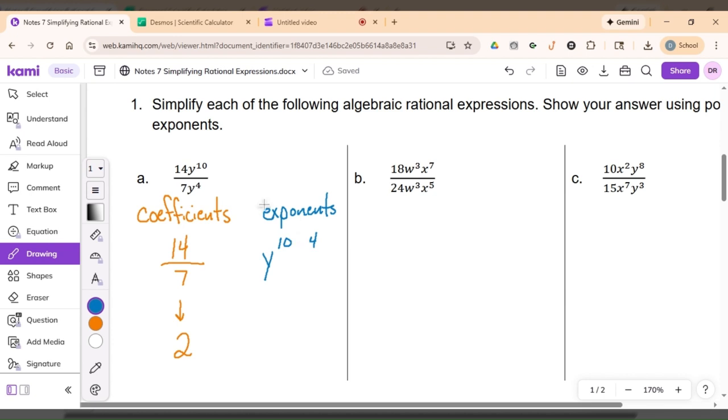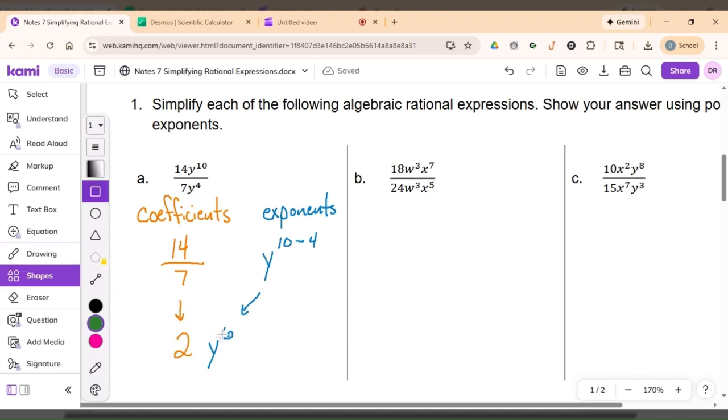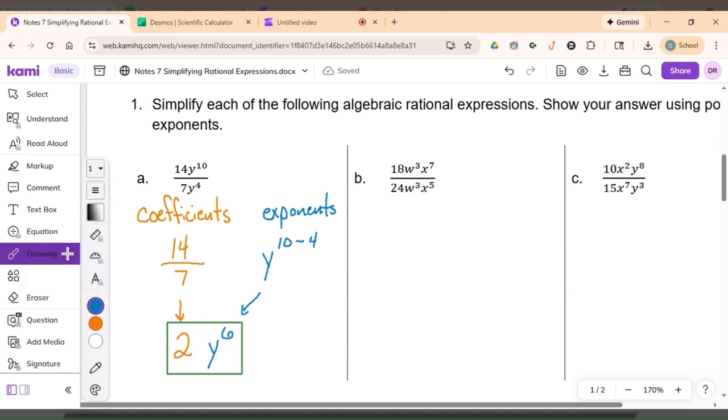The rule for exponents when we are dividing is we subtract those exponents when we bring the y's together, because again, reducing is giving us a smaller value. 10 minus 4 is 6. So in our final result, our coefficients reduce to 2 and our exponents subtract to 6. Our final result is 2y to the 6, a much simpler version of the original fraction we started with.